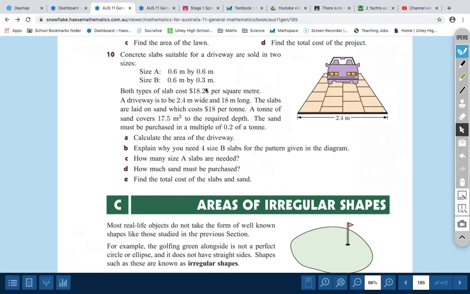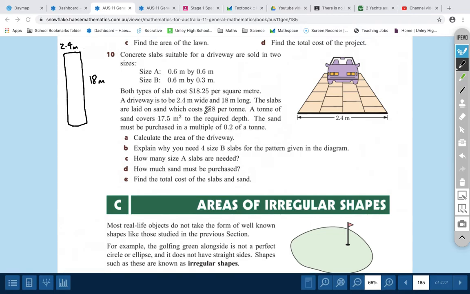We've got some costs. We've got a driveway. This driveway, it's kind of long and narrow, like this. It says it's 18 metres long and 2.4 metres wide.